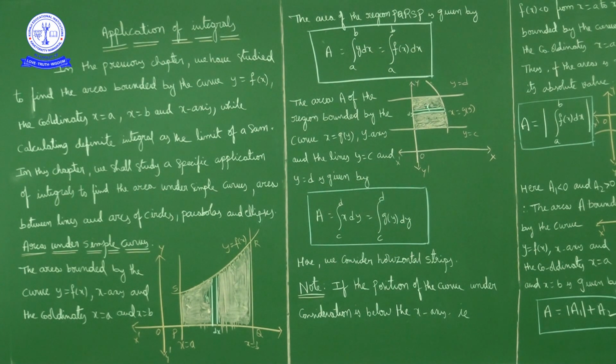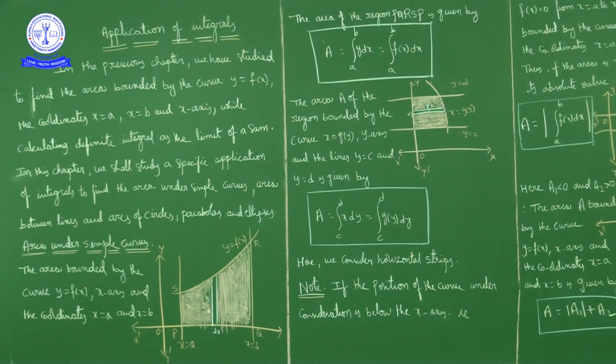In the first case, the function is given in terms of x, y is equal to some function of x, and x limits are given as a to b, okay? In the second case, the function is given as x is equal to some function of y, for example x is equal to sin inverse of y, something like this, okay? And limits y is equal to c to y is equal to d are given.